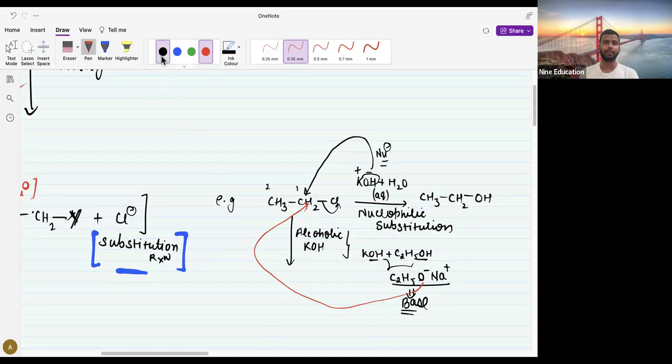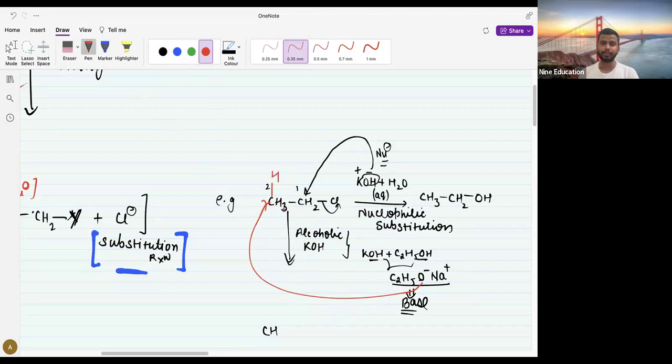If it takes the hydrogen from here, the beta hydrogen, let's say this hydrogen was there, so this salt, which is acting as a base, will take the hydrogen of this and make a double bond here and remove the chlorine.